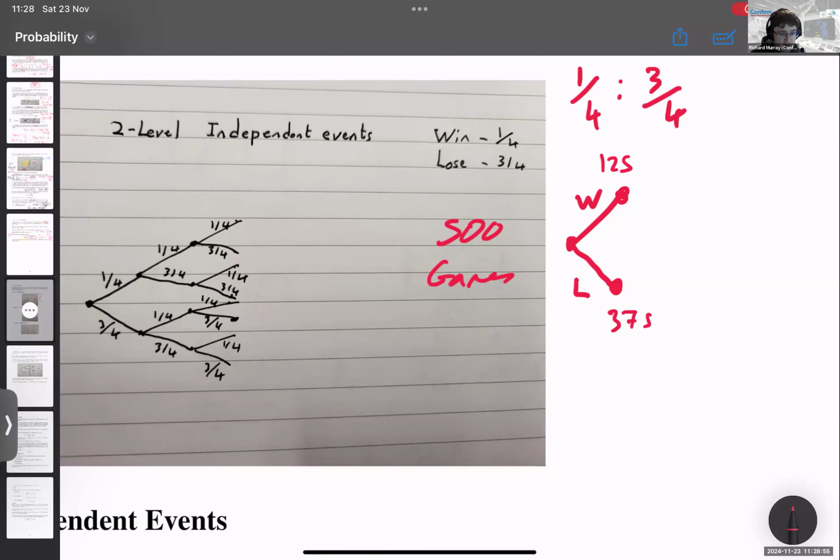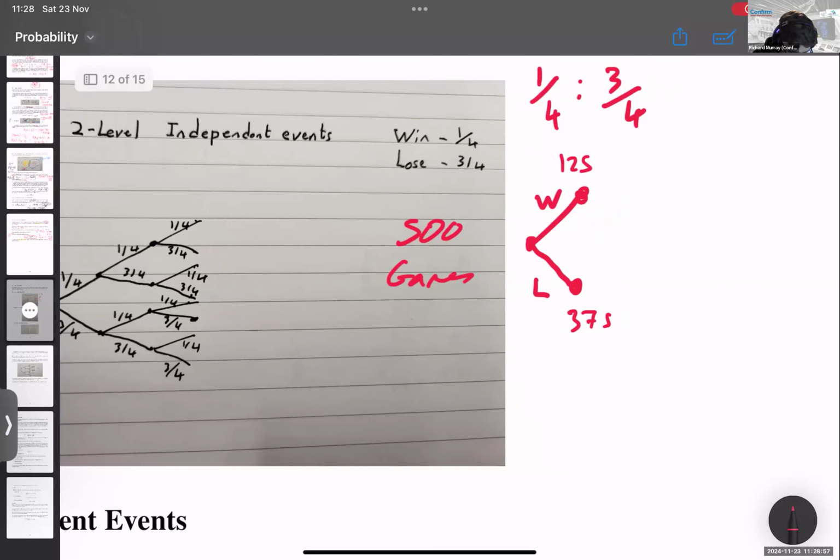We can continue that on. We can propagate further up. We can do our next run, and we can do our next run on our losses. So another quarter of those 125 initial people are going to progress to the next stage, which is problematic because it means that we've got a quarter of a person left, but we will ignore that for now.